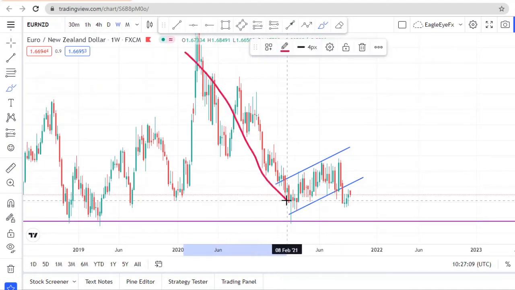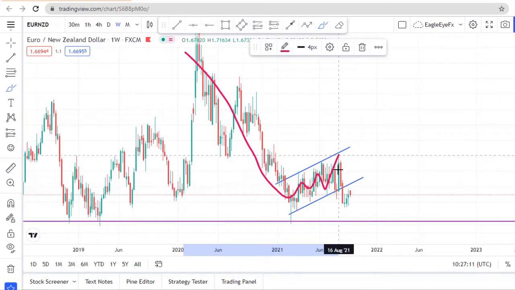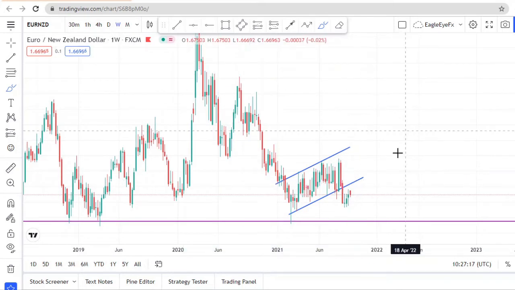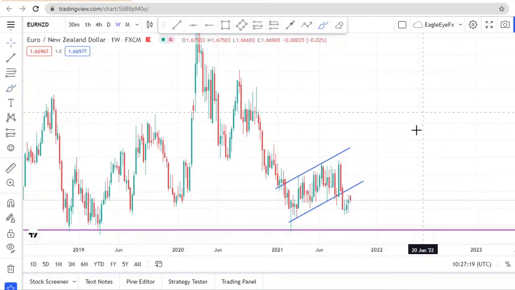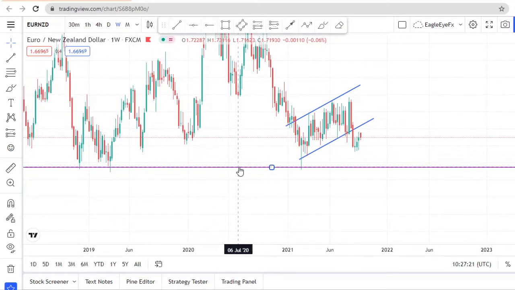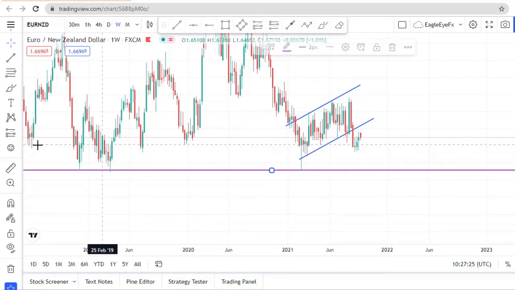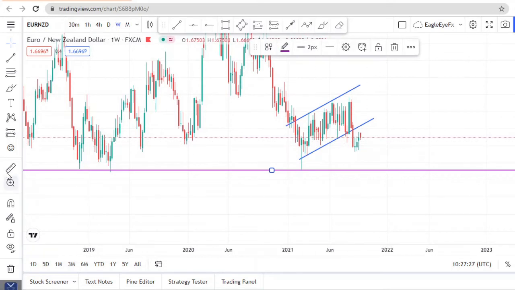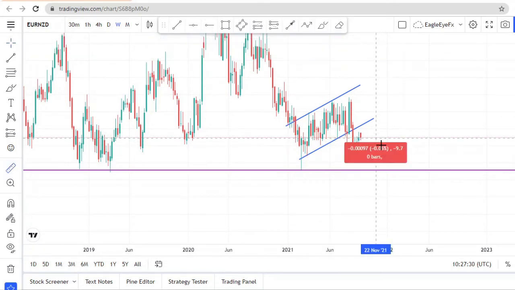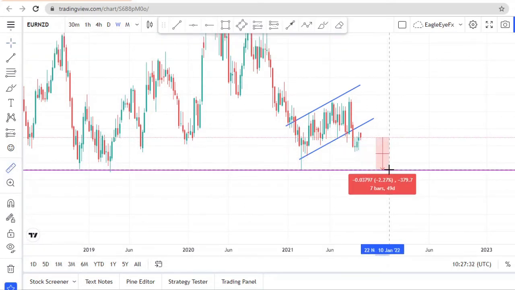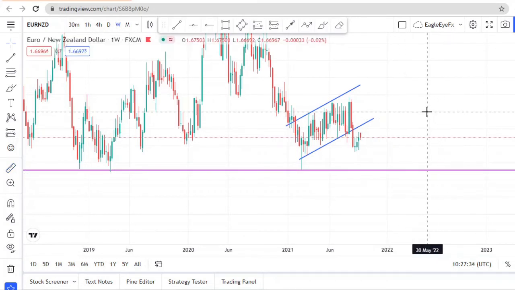Then it consolidated to the upside. Now I'm seeing a break. This looks like a retest for me before it continues falling. Okay, so I want to adjust this a little bit, maybe somewhere around there, to cater for all the positions. And you can see that this is quite a move, because from here to here it's almost 380 pips.